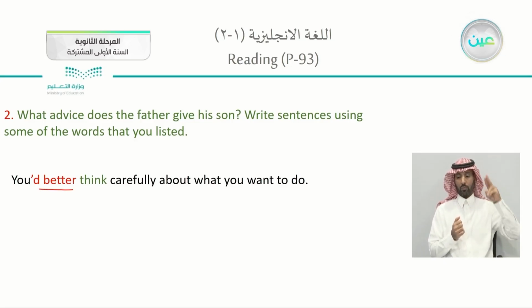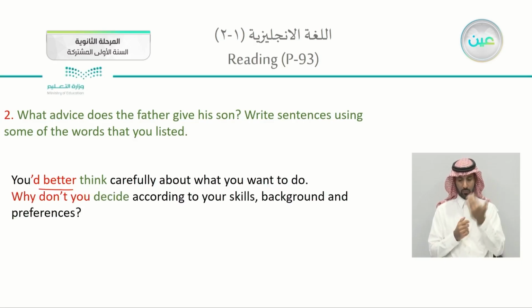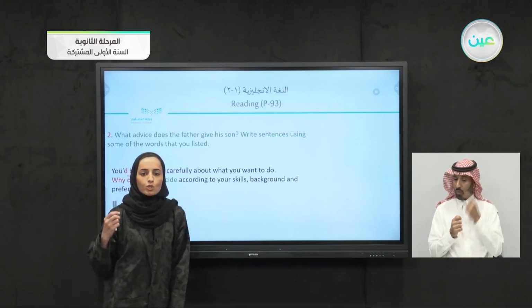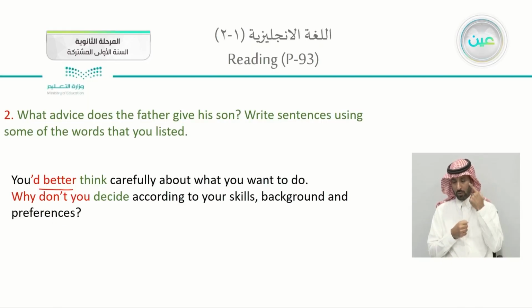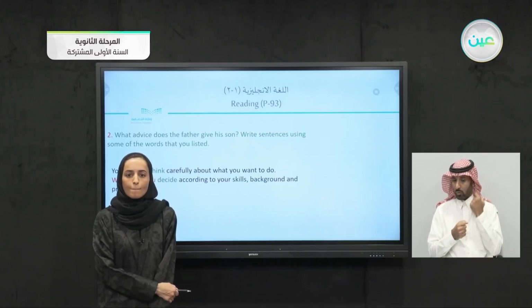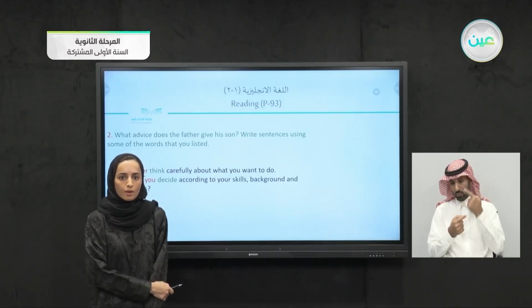This is for the advice. Also, I can say, why don't you decide according to your skills, background, and interests? Why don't you? We will use it for suggestions. Think about your interests, things you like to do. Think about your skills and background knowledge, things that you like to do and you want to continue doing.